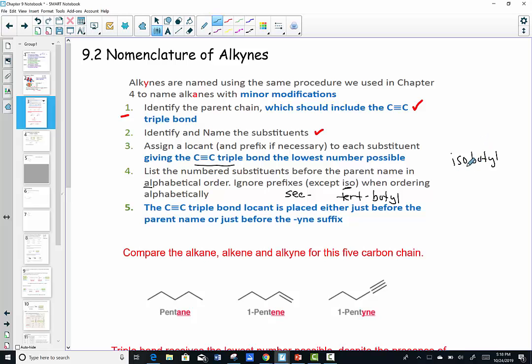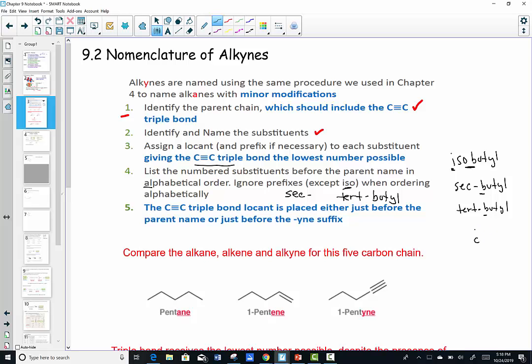Notice there's no hyphen in this name, so the I is what we would alphabetize with. If we're naming a sec-butyl, we see that there's a hyphen there, so the B gets precedence. And of course, tert-butyl, we would also go with the B when alphabetizing because the hyphen is letting us know just what part of the carbon it's attached to.